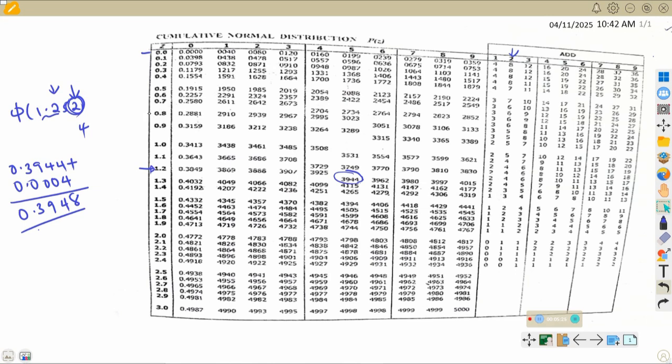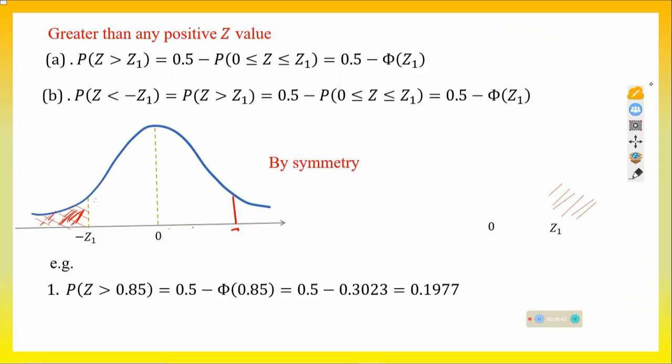So 0.8 is here, then you look for 5. So the 5 will be at this given point, 0.3023. So 0.3023 will be our value. So we get 0.5 minus 0.3023, and the value you get will be the value for the probability of Z greater than 0.85.